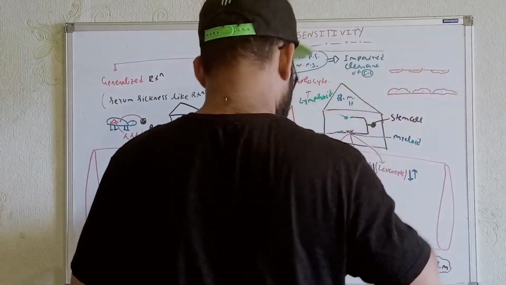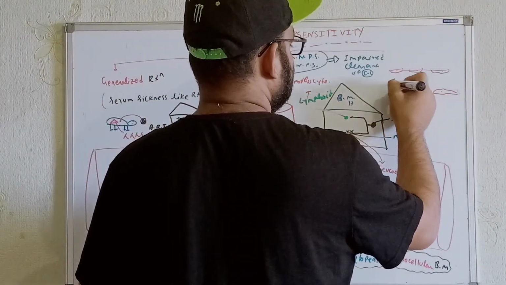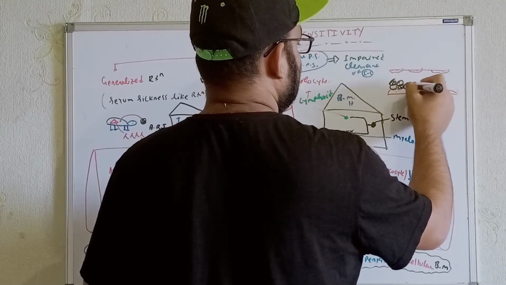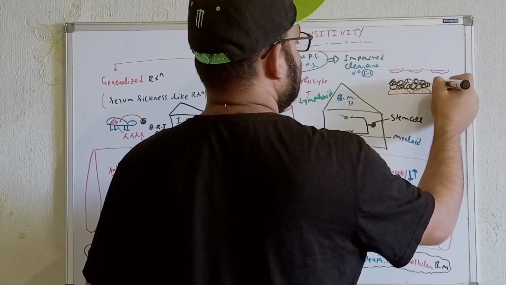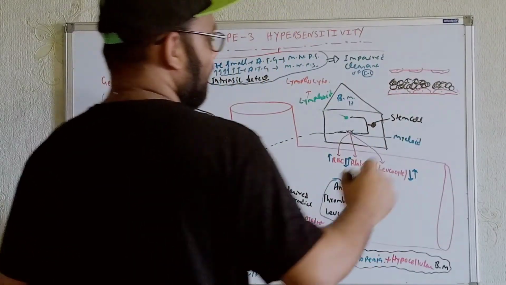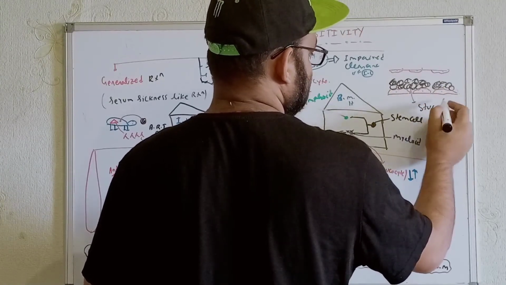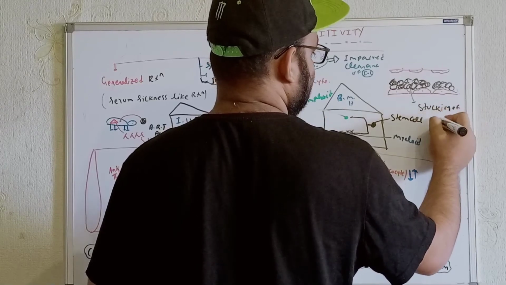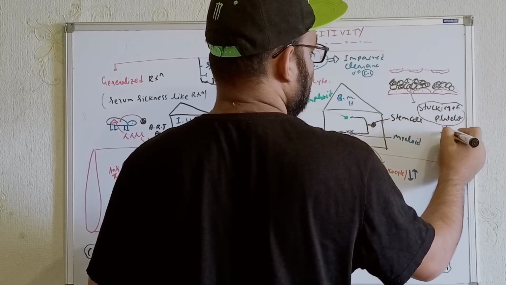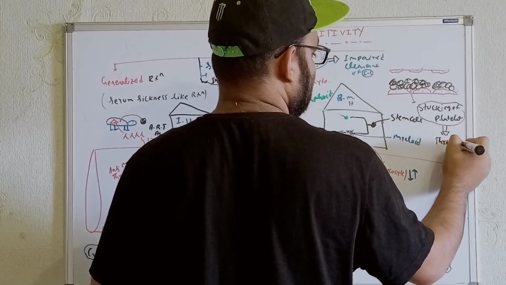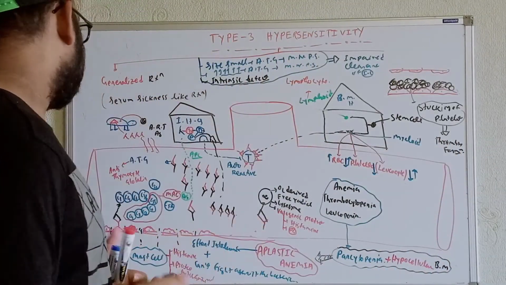After that, the platelets will come over here and get stuck in these structures, and in the same way in the opposite direction also. Here we get the sticking of platelets, so we get thrombus formation.